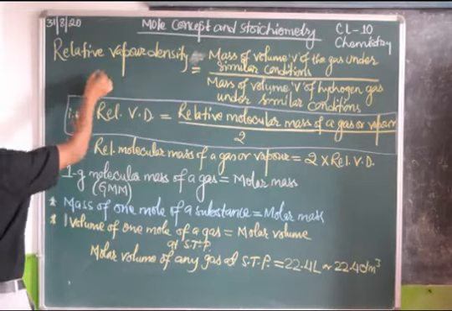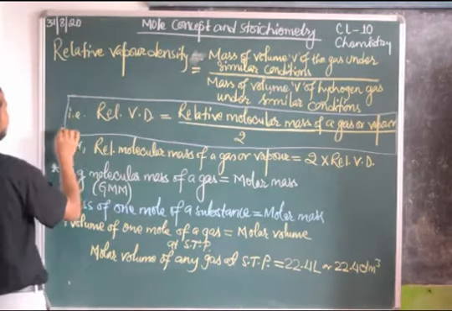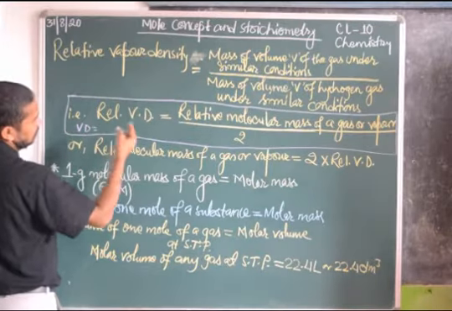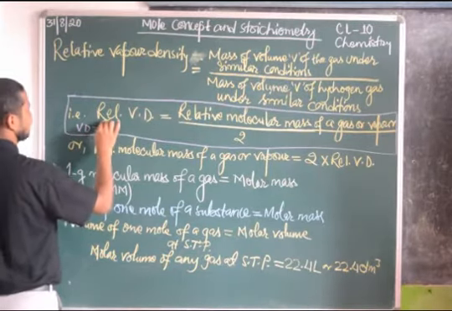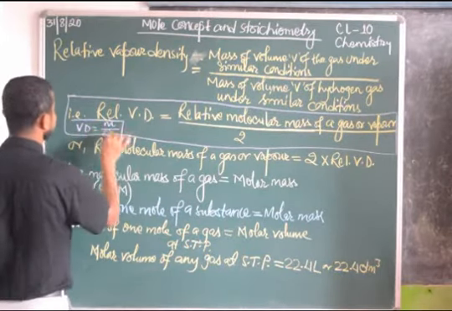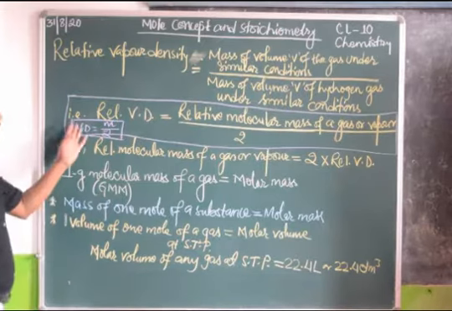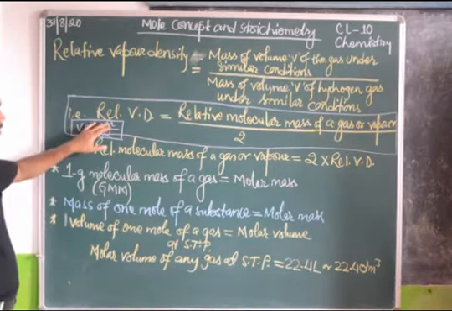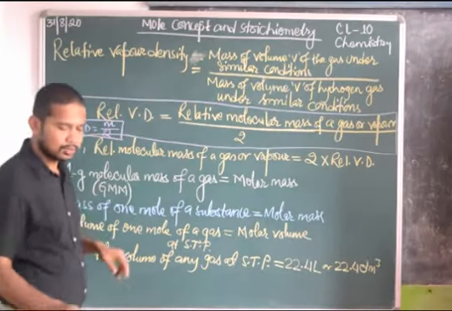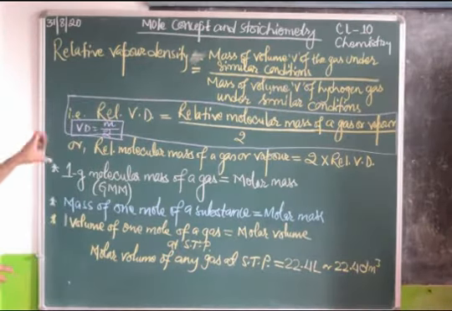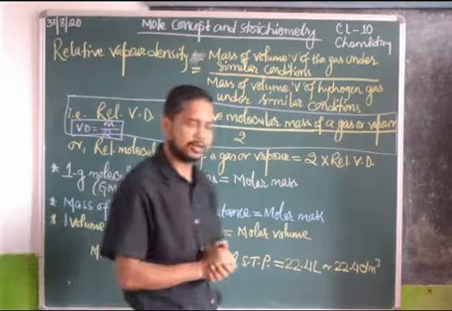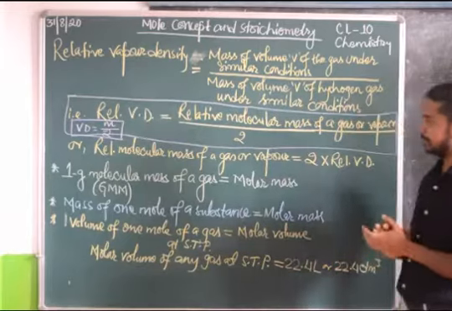In short, you can write Vd is equal to m by 2, where Vd is the relative vapor density and m is the relative molecular mass of the gas or vapor. We can use this formula for calculating either vapor density or relative molecular mass of a gas or vapor.